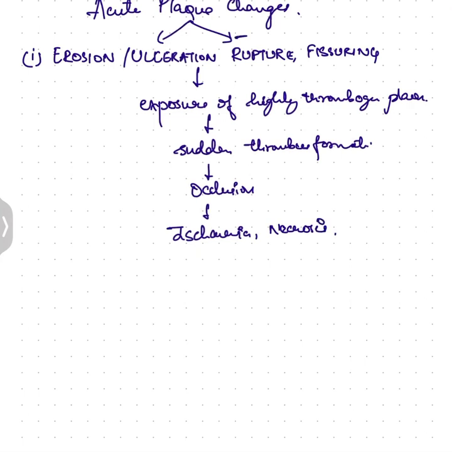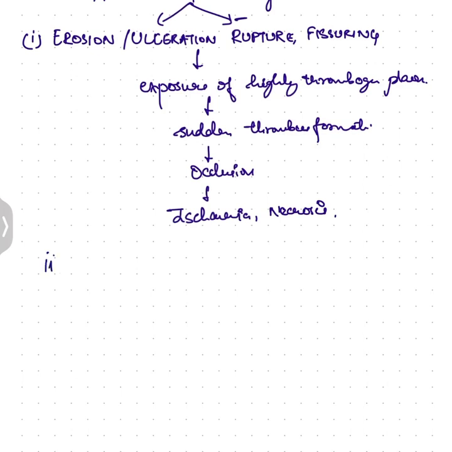The other point that we are going to study is, in acute plaque changes, one, you have the erosion or ulceration or rupturing or fissuring. The other change that you have, there may be hemorrhage. ठीक है, क्या हो सकता है? Hemorrhage हो सकता है into the central core of the plaque.